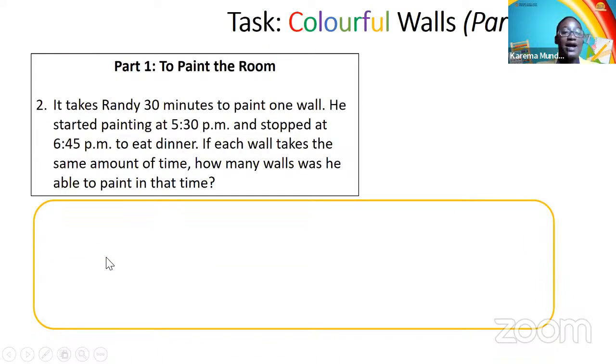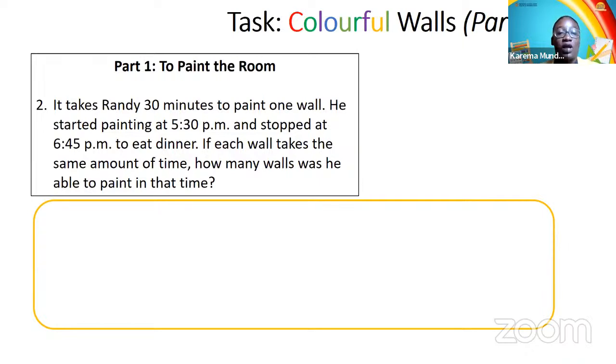All right, so the other part to part one says, it takes Randy 30 minutes to paint one wall. He started painting at 5:30 p.m. and stopped at 6:45 p.m. to eat dinner.